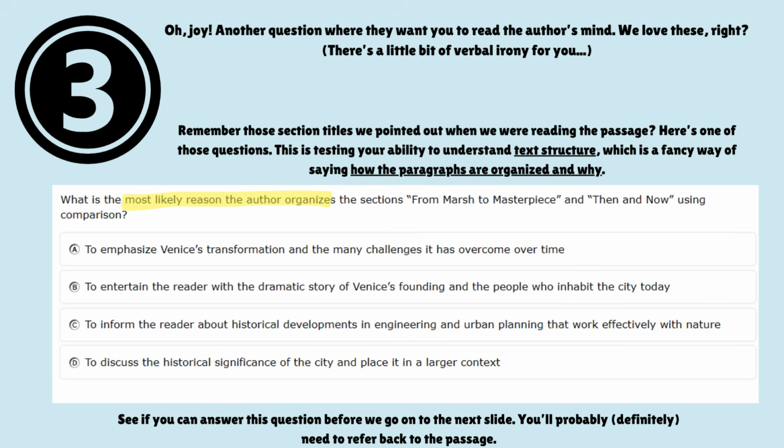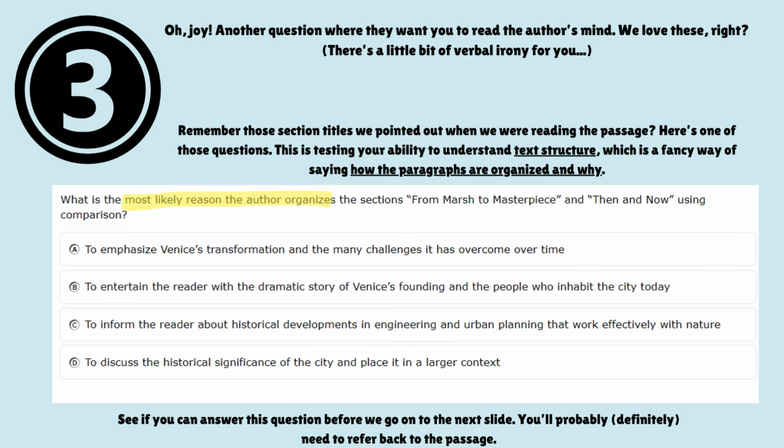Okay, so remember those section titles we pointed out when we were reading the passage. Those ones I had the arrow and I said, remember these section titles help with organization. This is testing your ability to understand text structure. So this question is testing not only author's purpose, but your ability to understand text structure. And what is text structure? It's just a fancy academic way of saying how the paragraphs are organized and why.